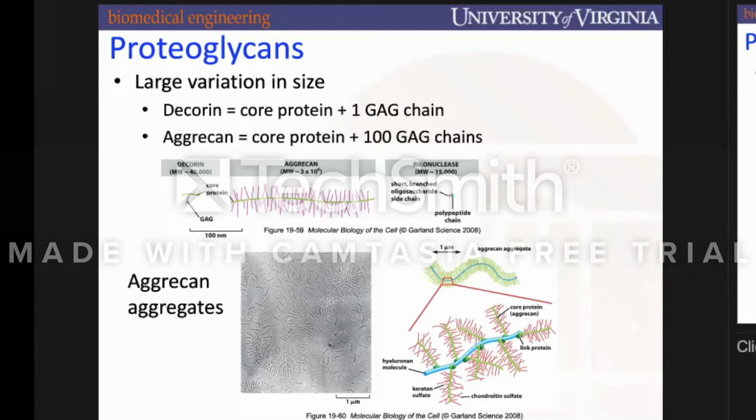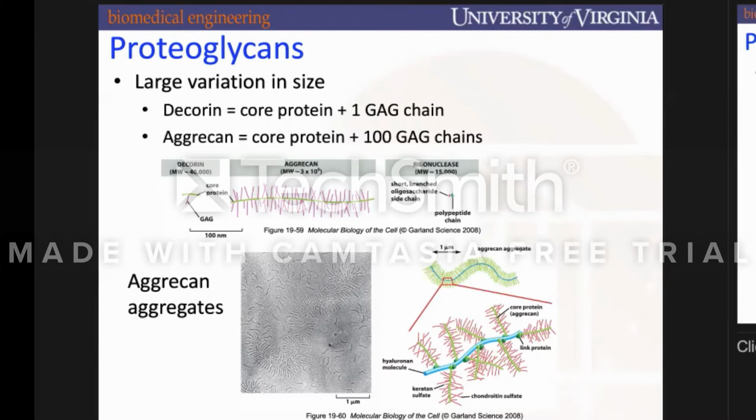The GAGs on aggrecan are often chondroitin sulfate and heparin sulfate, and this is a really important ECM proteoglycan that has an important role in promoting resistance to compressive forces in cartilage.